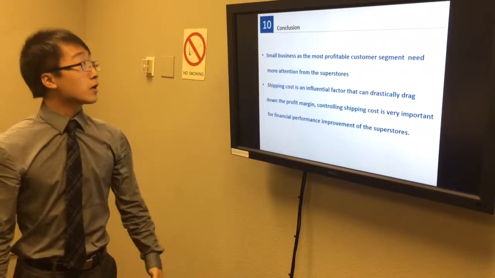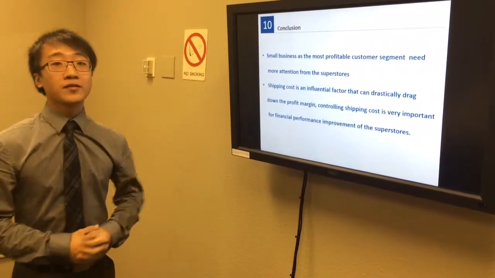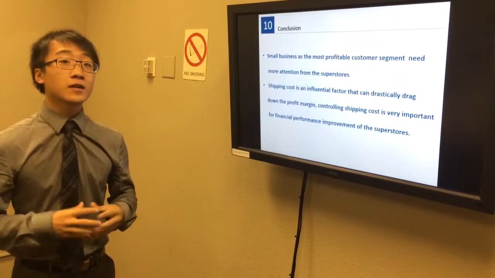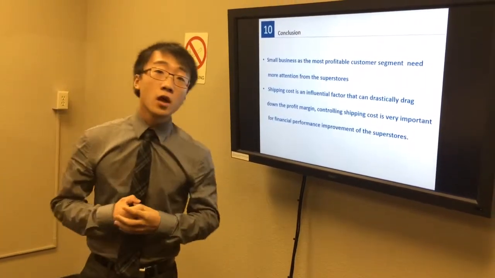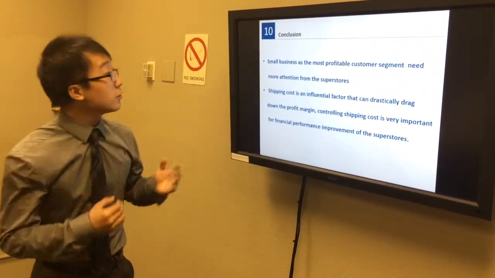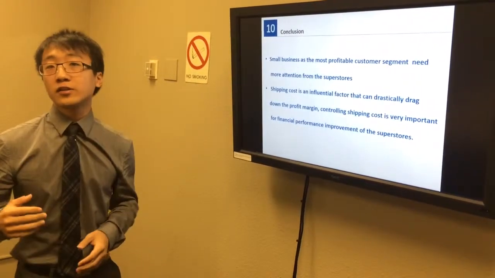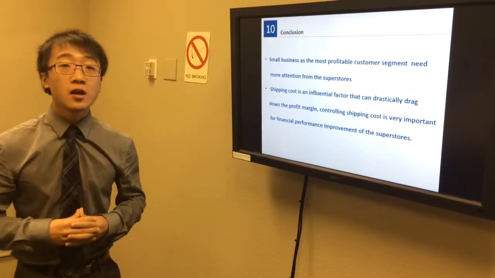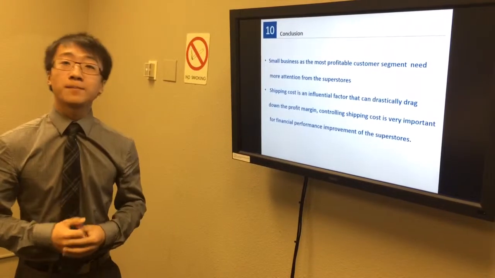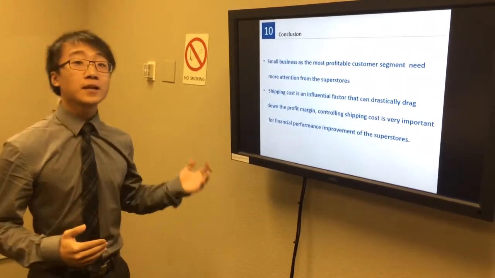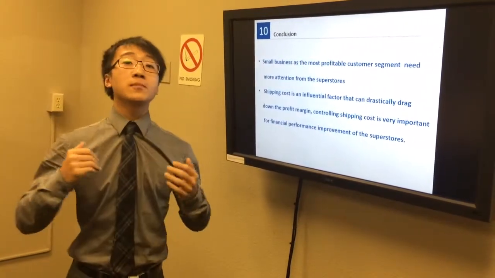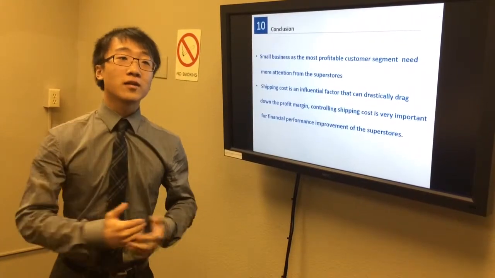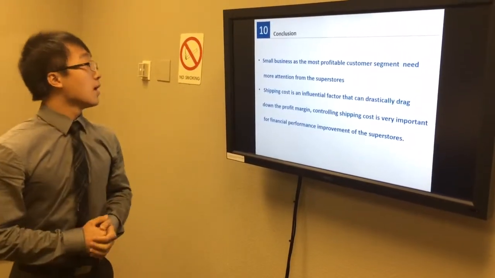So to our conclusion, we find that small business is actually the more profitable segment, even though they are not generating much in sales. As a superstore, we can pay more attention to this segment because they generate a higher margin with lower sales.